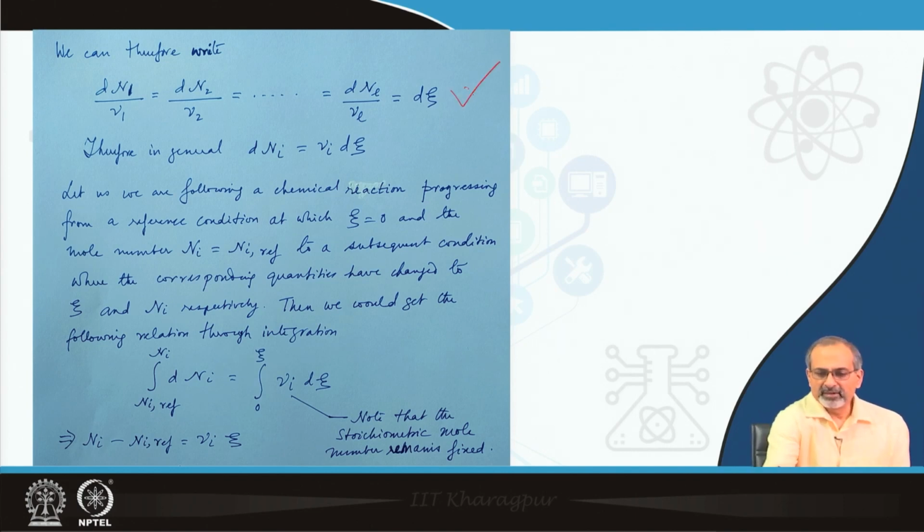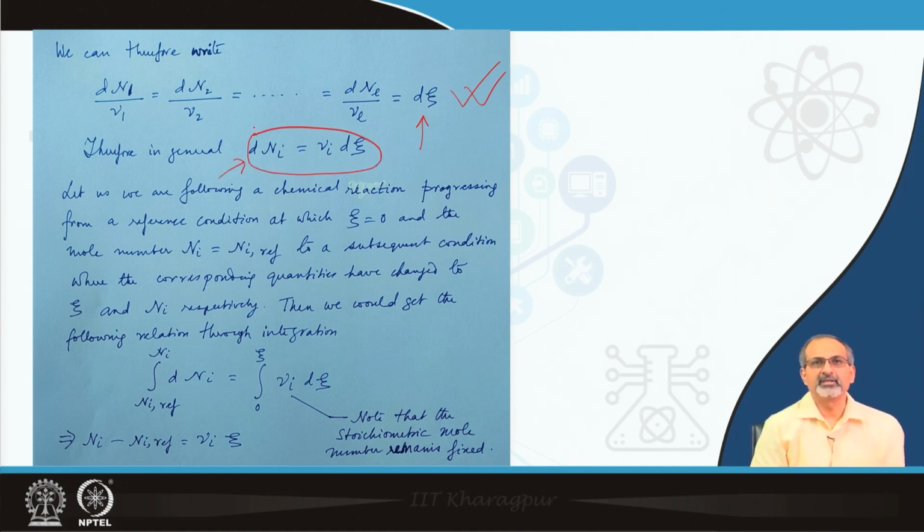So, introducing the concept of xi and calling the incremental or differential change of xi d xi, we therefore have a relation for any one of those reactants or products generically represented in this form: dni is equal to nu i into d xi.